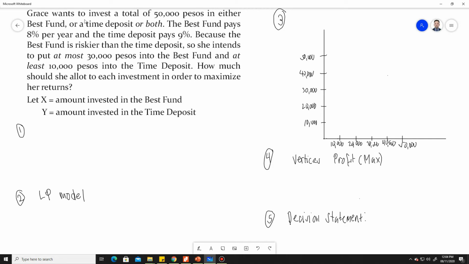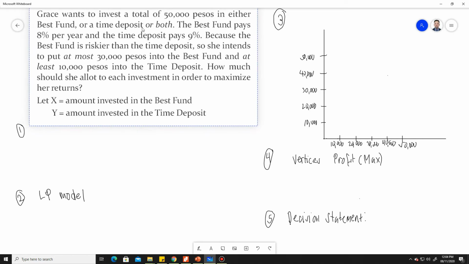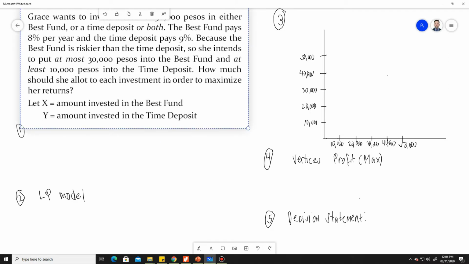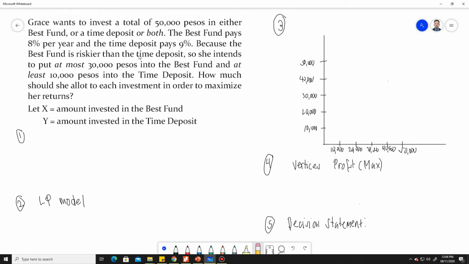Grace wants to invest a total of 50,000 pesos in either best fund or time deposit or both. Okay? The best fund pays 8% per year or per annum, and the time deposit pays 9% per year.